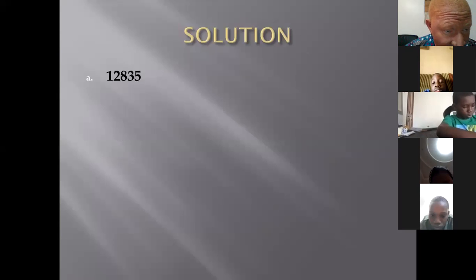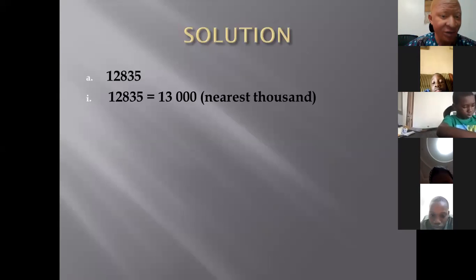This is the number 12,835. So if you want to round 12,835 to the nearest 1,000, look at the nearest 1,000 you have there. The nearest 1,000 is 2,000. Now, the next number which is occupying the 100 place value is 8.